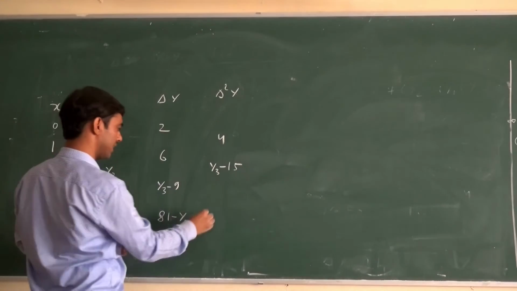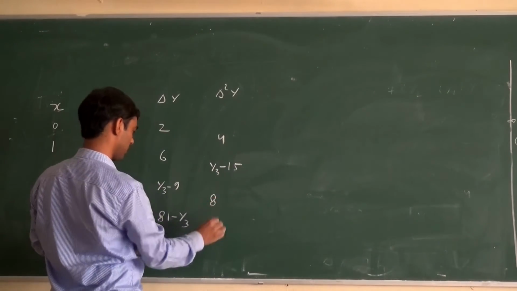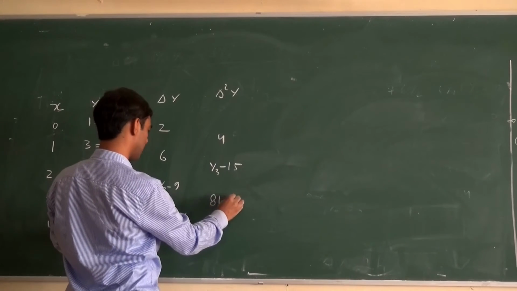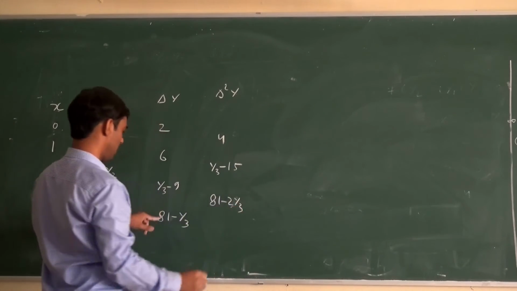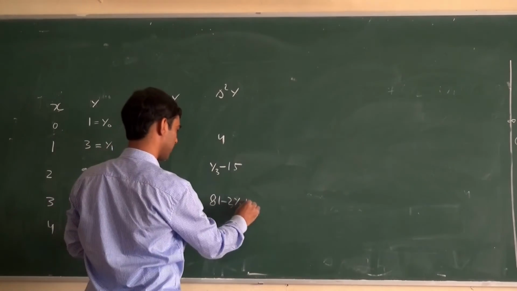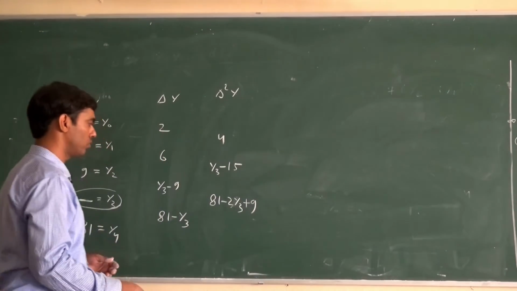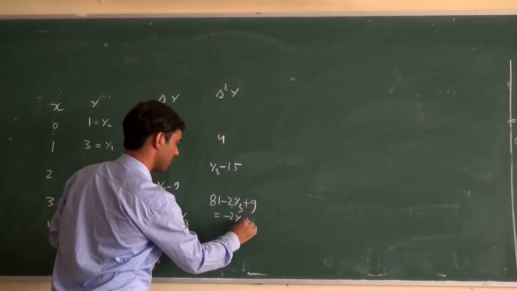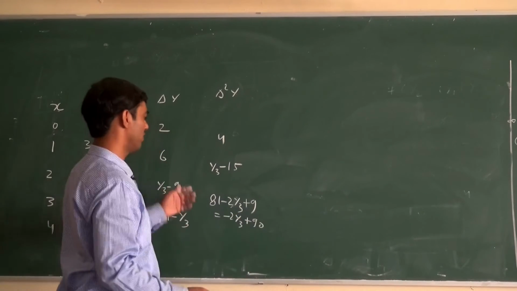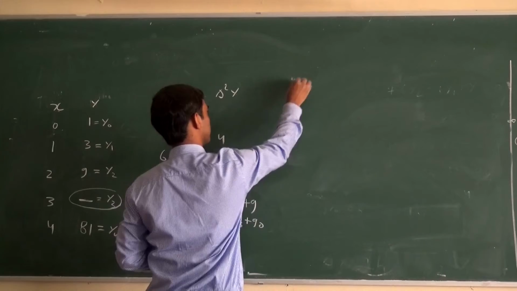And this is 81 minus y3 minus y3 plus 9, so this becomes minus 2y3 plus 90. Now what is the third order difference?